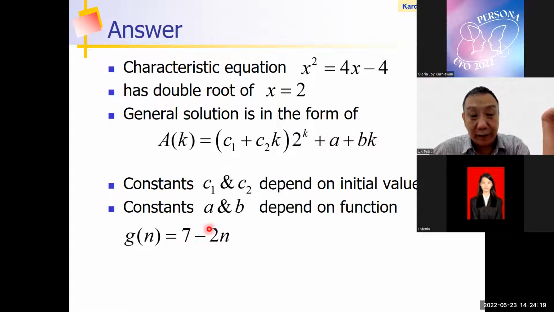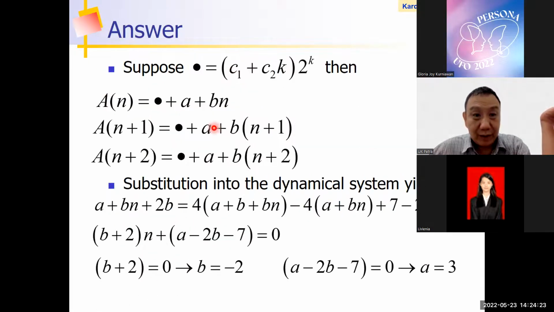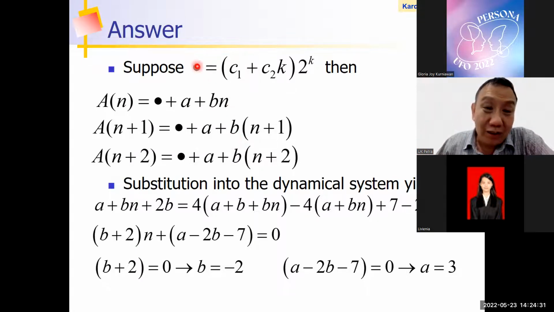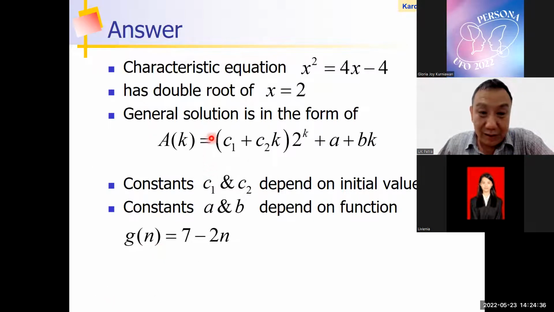Depend on the gn. Okay, so example, because if I don't put this it becomes very long, right? So I just put dot in here. Remember this part here, I put it as dot, c1 plus c2k 2 exponent k here.